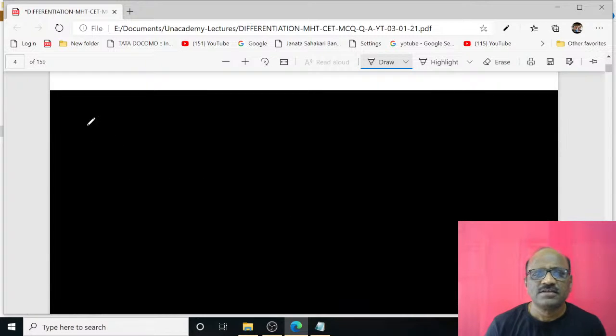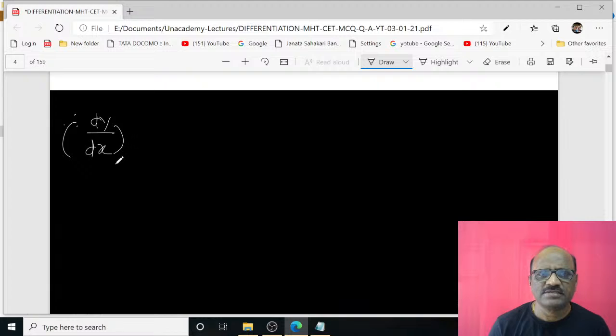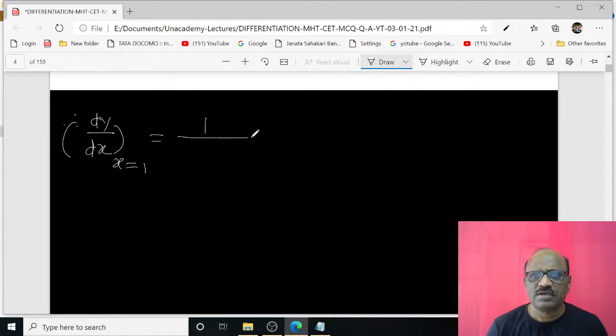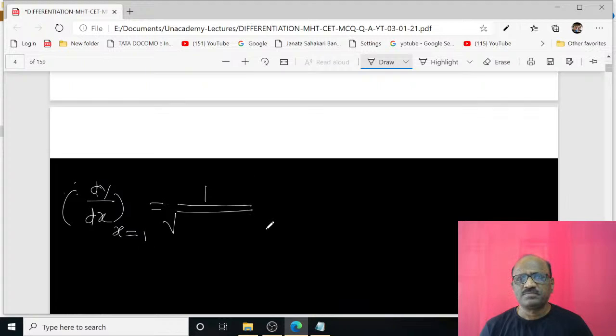See this here. Therefore, here we write dy by dx at x is equal to 1. Therefore, you will have 1 upon under root of, what is f of 1?